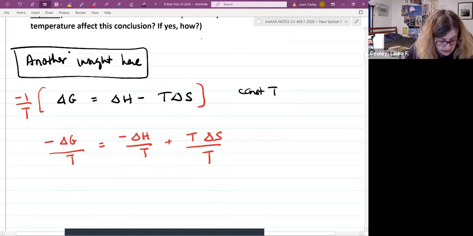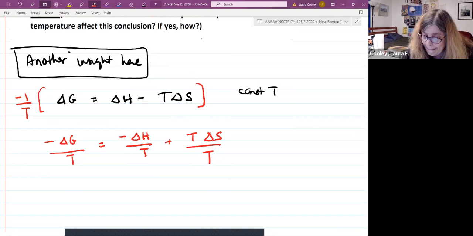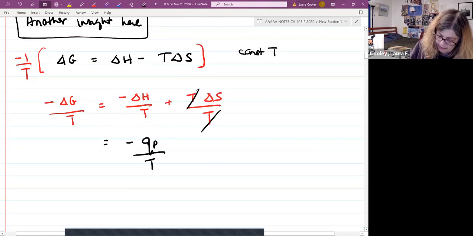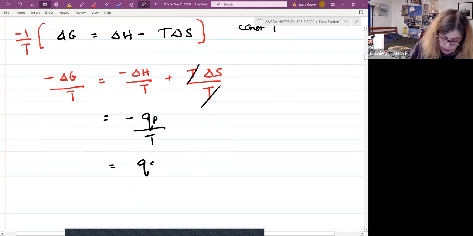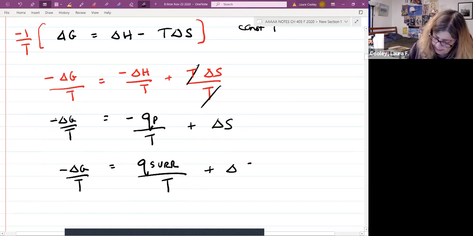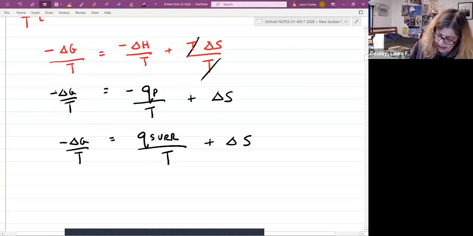Now, these T's cancel here, obviously. And this is minus Q over T, which is equal to Q surroundings over T. Everything else stays the same. And what is Q surroundings over T?